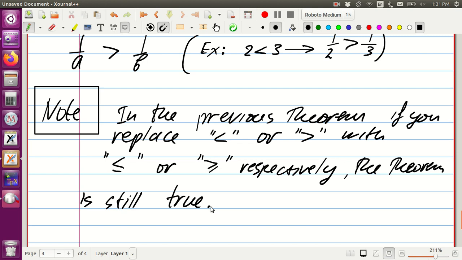So this is a big note. Basically all of the rules that we discussed, A, B, C, D, and E, would be true if we replace strict inequality by non-strict inequality. All right.